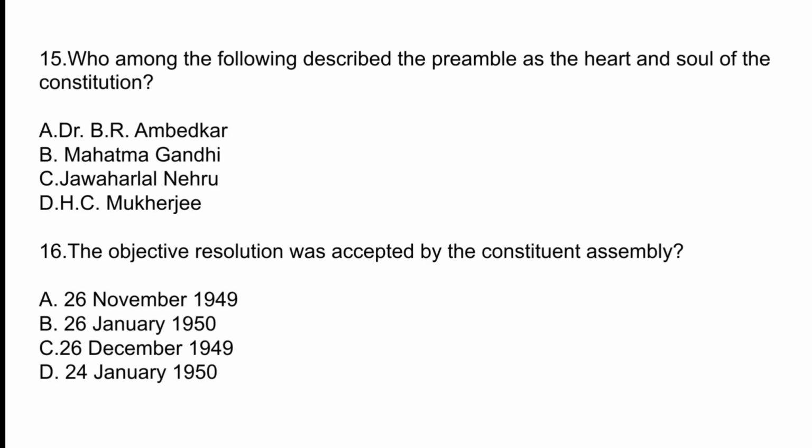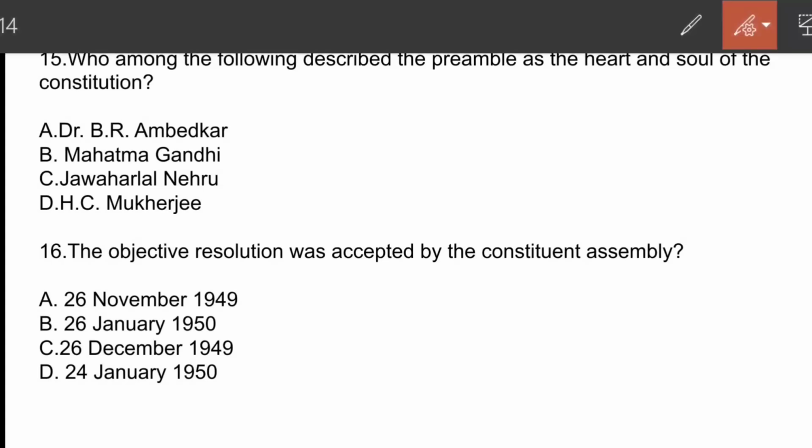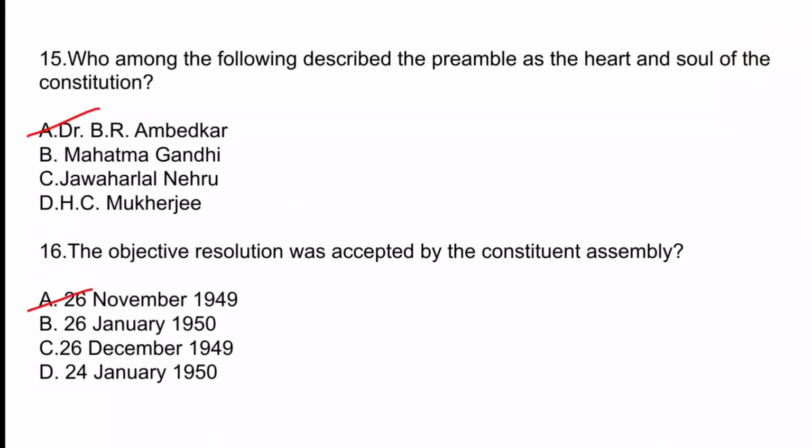Who among the following described the preamble as the heart and soul of the constitution? The correct answer here is Dr. B.R. Ambedkar. The next question is, the objective resolution was accepted by the Constituent Assembly on? Here the correct answer is option A, that is 26 November 1949. Moving on to the next slide.